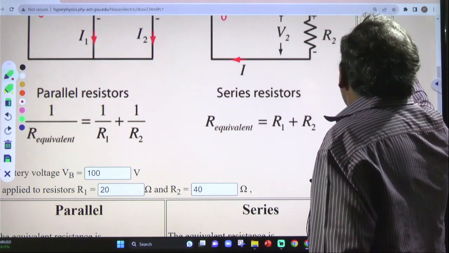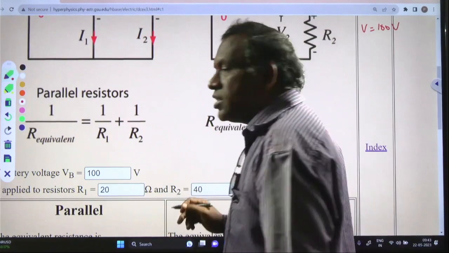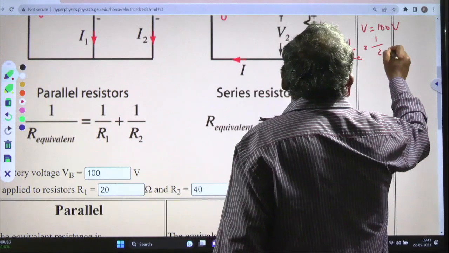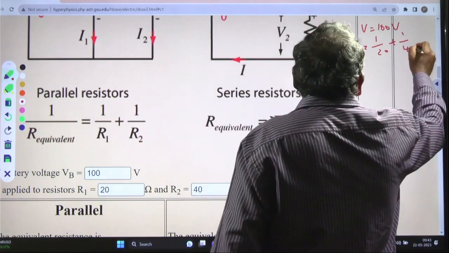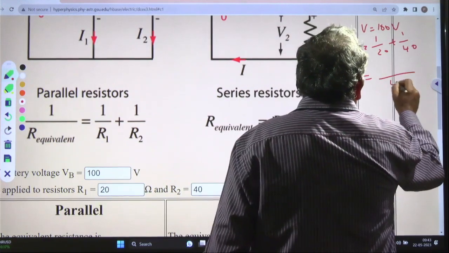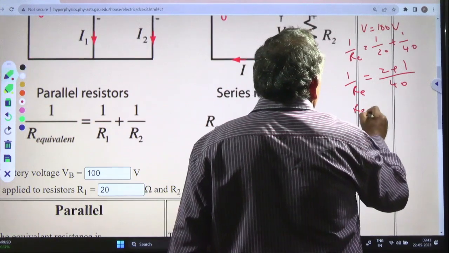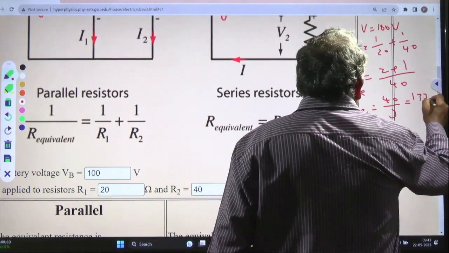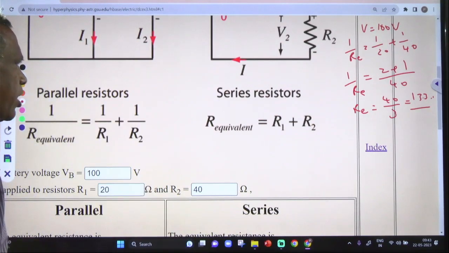Here R1 and R2 are connected in parallel, so 1 by R equivalent equals 1 by 20 plus 1 by 40. Taking the LCM, 40, 1 by R equivalent equals 3 by 40, so R equivalent is 40 by 3, which is 13.33 ohms.